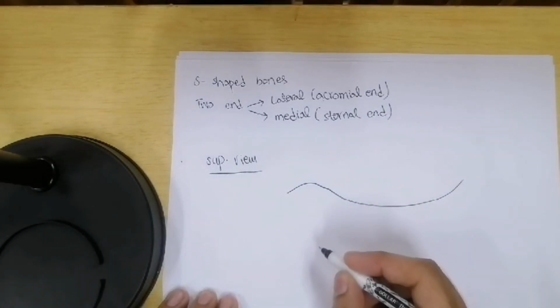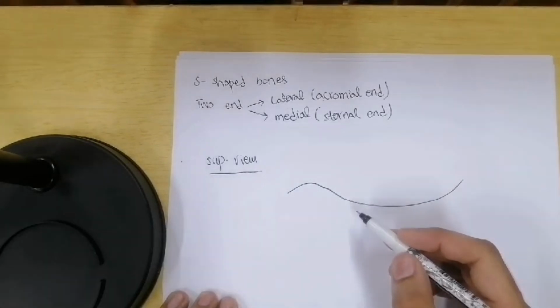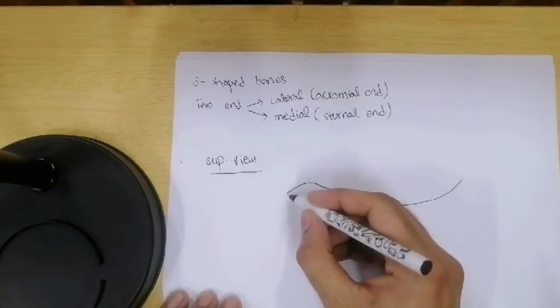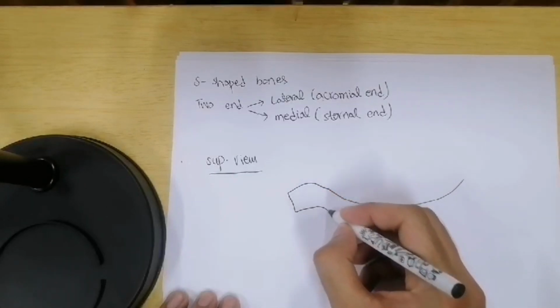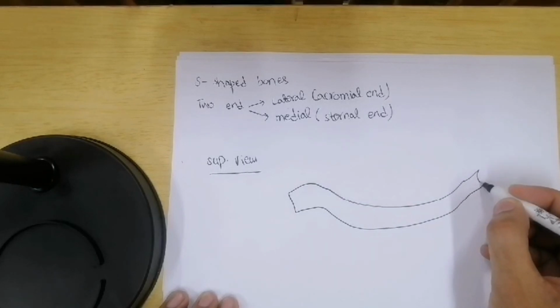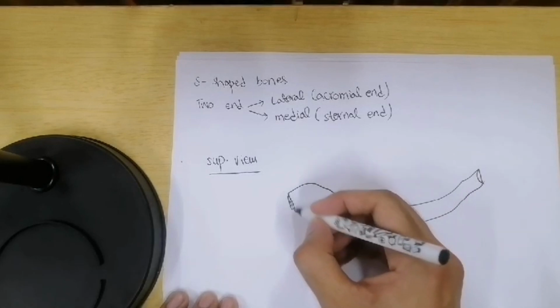We are seeing the clavicle from the superior side. It is an S-shaped bone, and let me draw it.